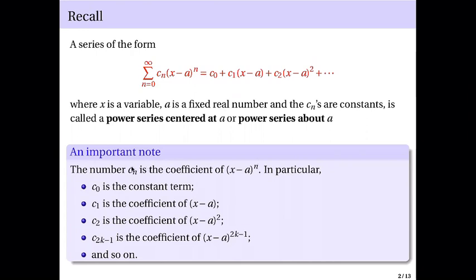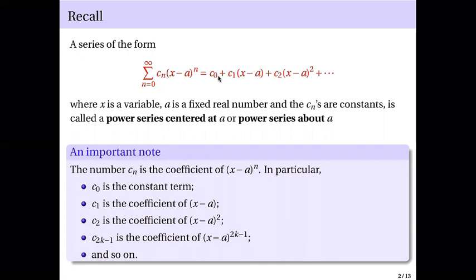Some important note. These constants here, which we will call coefficients: c_n is the coefficient of the term (x minus a) to the n. So the subscript n corresponds to the power of the x minus a. In particular, c sub 0 is the constant term, because you don't see the factor x minus a here.